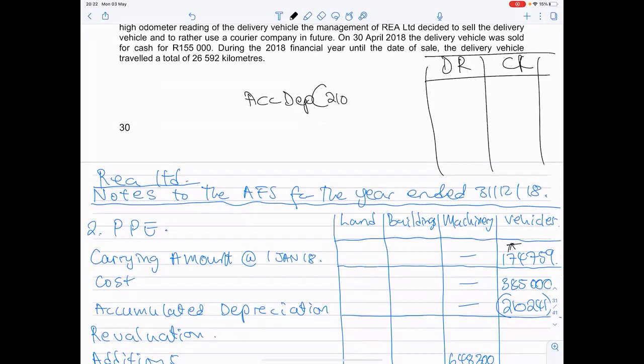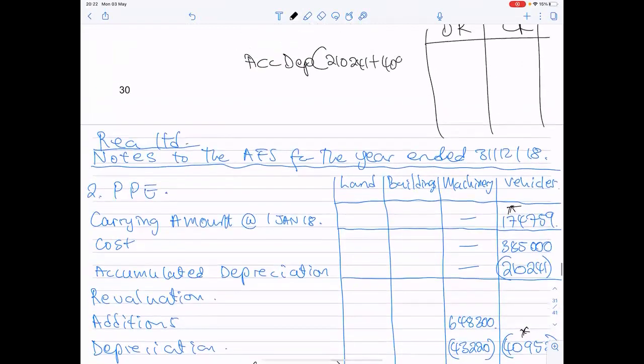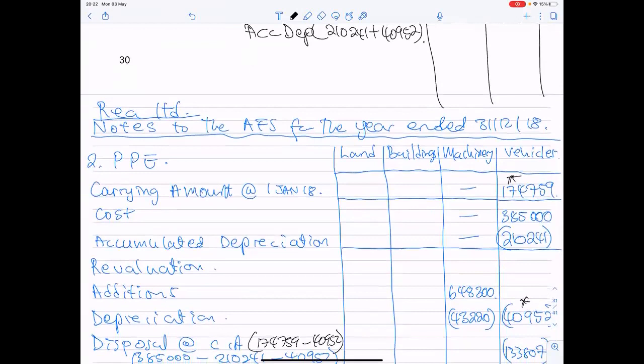It will be 210,241 plus the depreciation in the current year, 4952. So it will be 210,241 plus 4952, you get a total of 251,193.